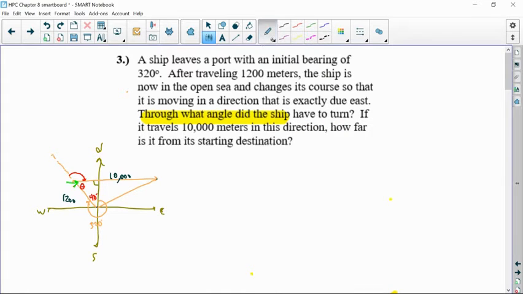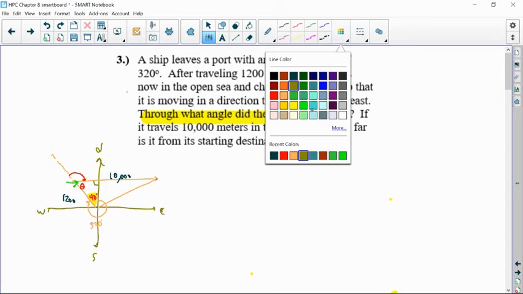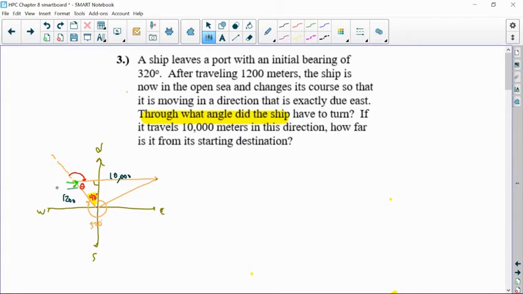And I knew that this angle down here was 40 degrees, because the bearing of 360 minus 320 gives 40. So I know that theta right there is 50. If theta is 50 degrees, then the exterior angle there is 130 degrees. And so that's the angle that the ship had turned through.